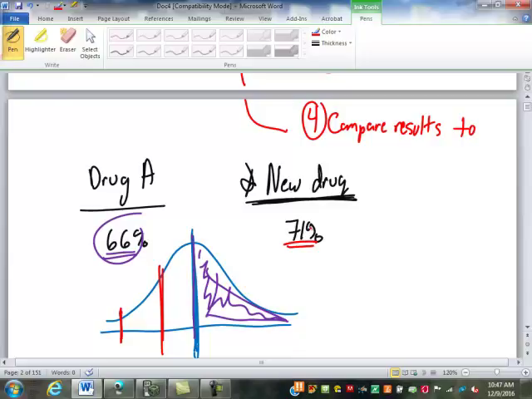It's enough to say the new drug shows promise, we're going to keep testing it. But there's a chance that we just happened to randomly select, even though we were careful about our age and all the other demographics, people that were going to get better anyway.